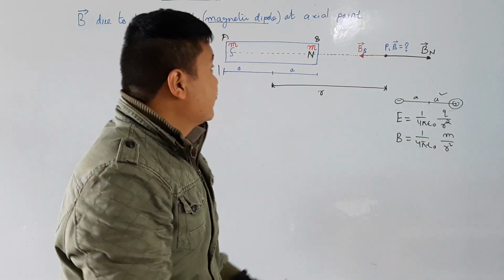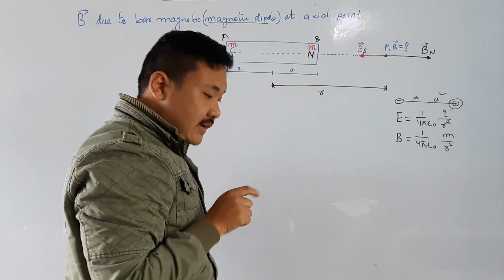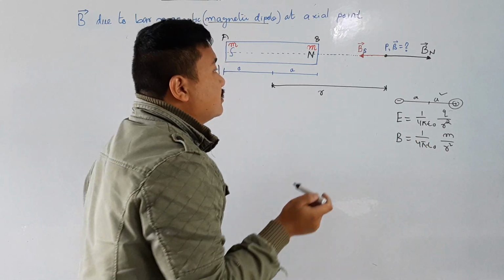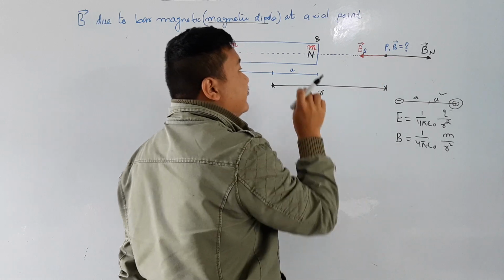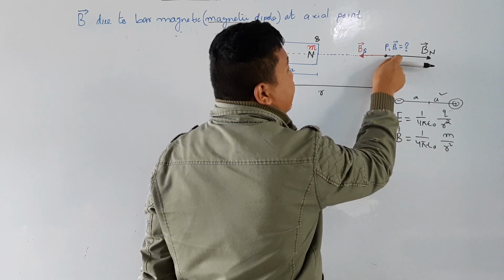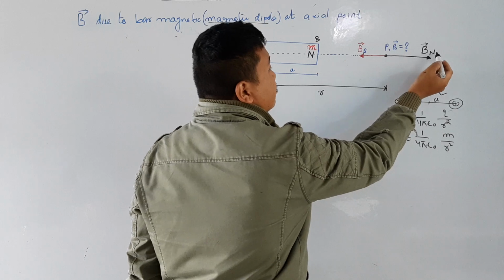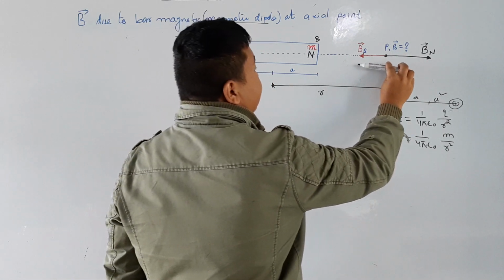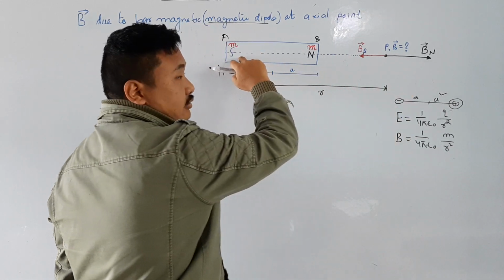This is my north pole, and from the north pole the magnetic fields are going outside, right? So at this point the direction of the magnetic field due to the north pole is in this direction. This black vector represents the magnetic field due to the north pole, whereas this red vector arrow represents the magnetic field due to the south pole.